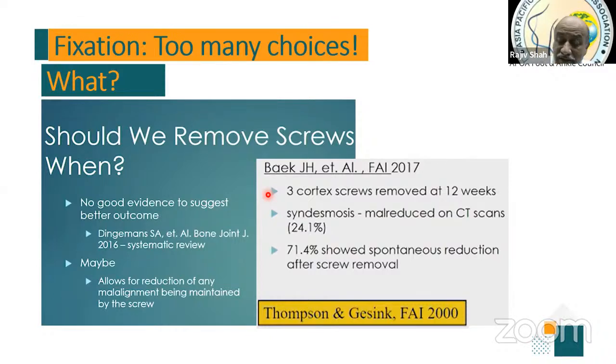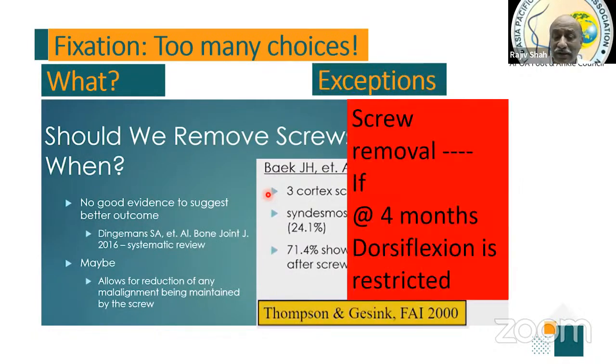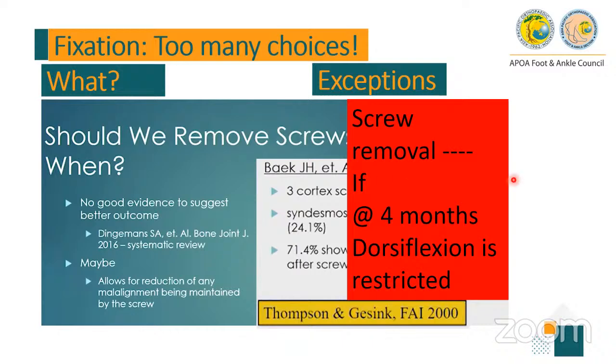So there are studies supporting both. I will come back to what I am doing at the end of this presentation. But this is what I follow in my practice: if at 4 months my patient's dorsiflexion is restricted, that means I have tightened the syndesmotic screw more than required, I go back and remove the screw, not otherwise.